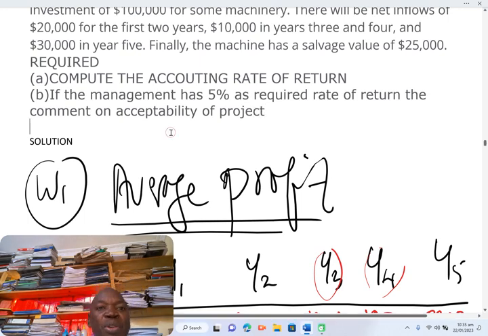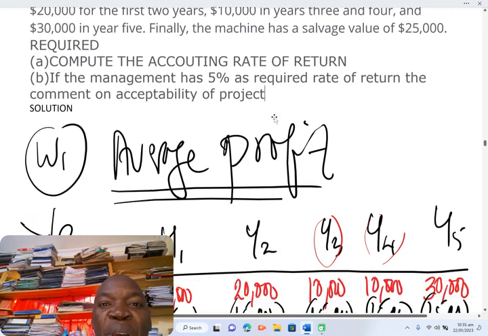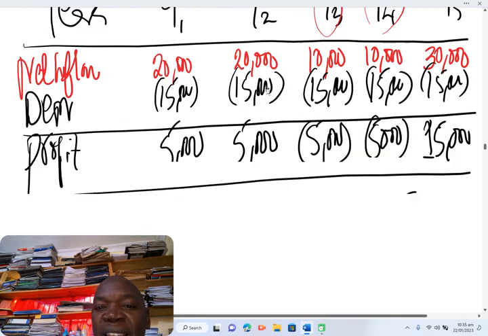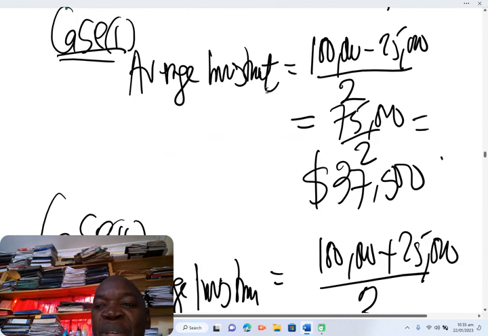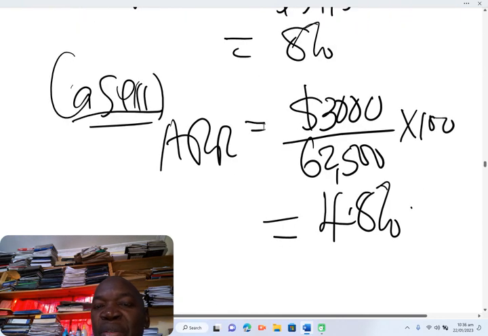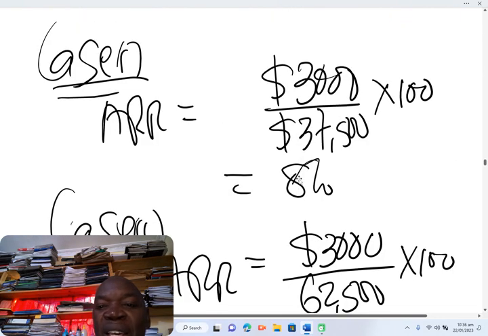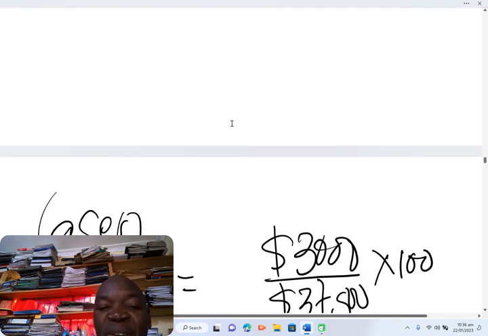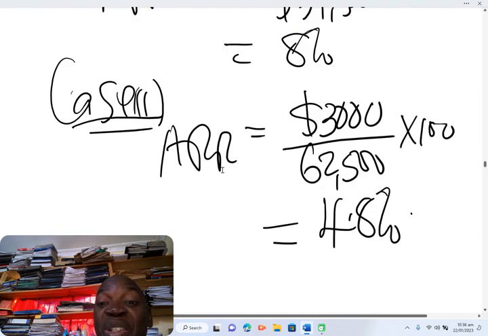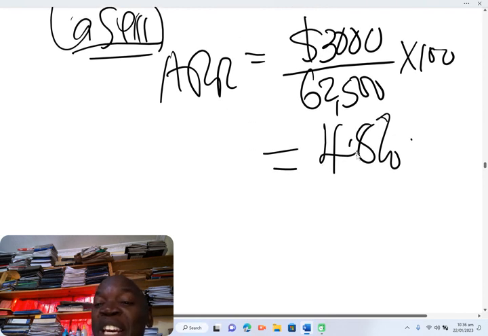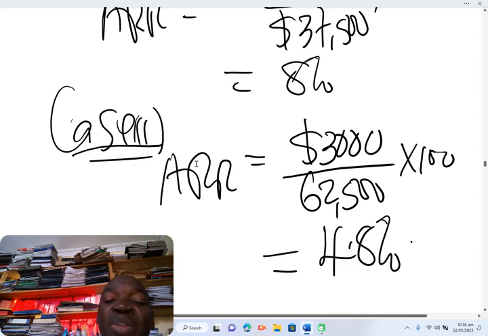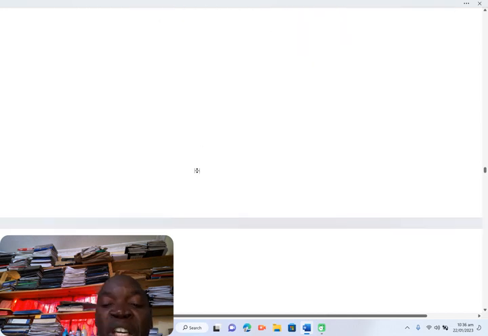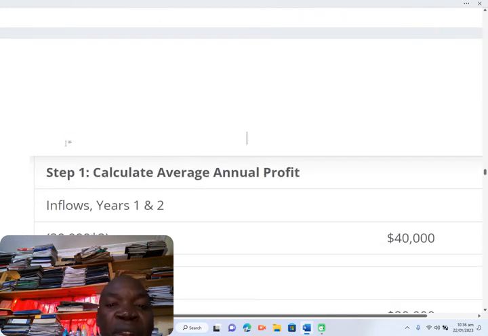So after computing the ARR, you compare with the required rate for acceptability. For the first one, it is 8%. Based on the 5%, you accept the project. But for case 2, you had 4.8%, meaning you have to reject it because it's below the required rate of return.